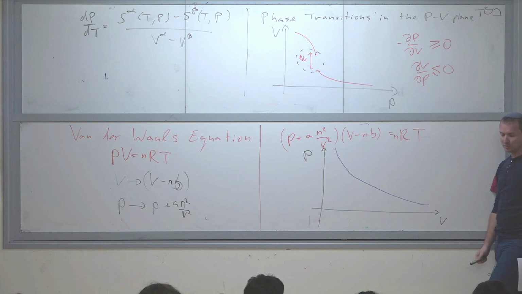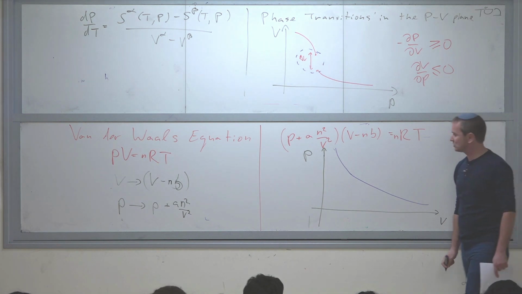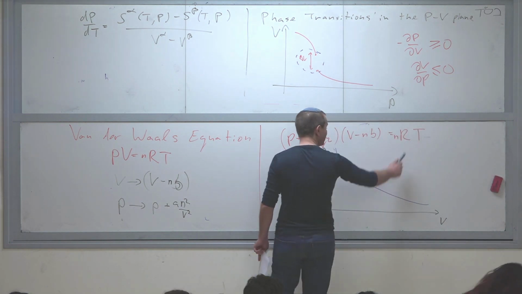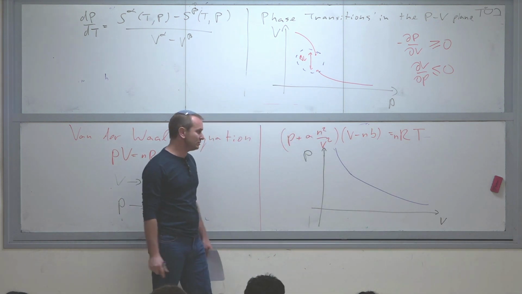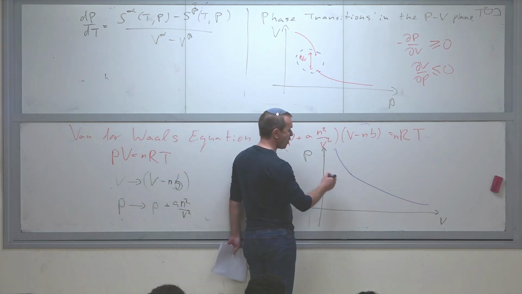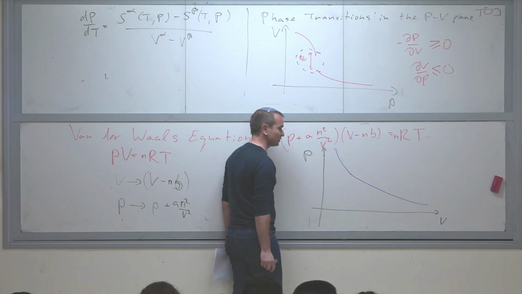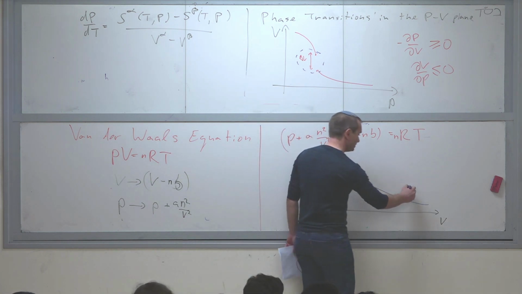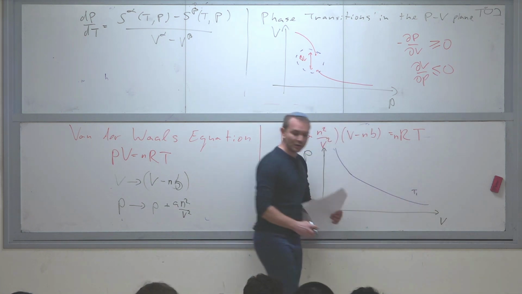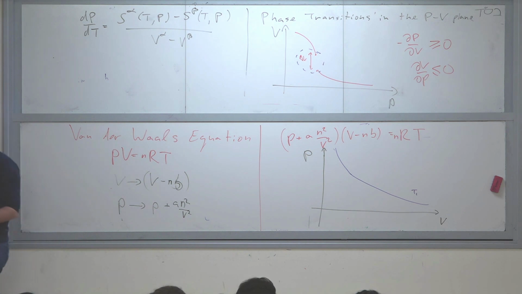So the derivative is always negative. This is great. Now, when we start to decrease the temperature, we will start to observe some sort of a shoulder for the P dependence on V. So this is temperature T1. We will decrease the temperature.